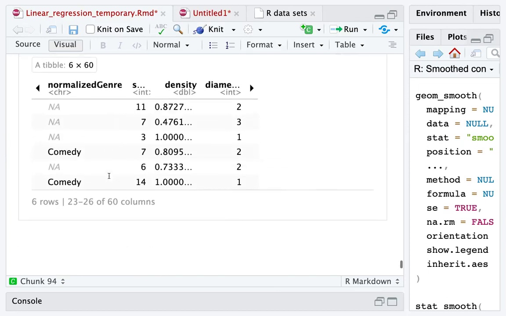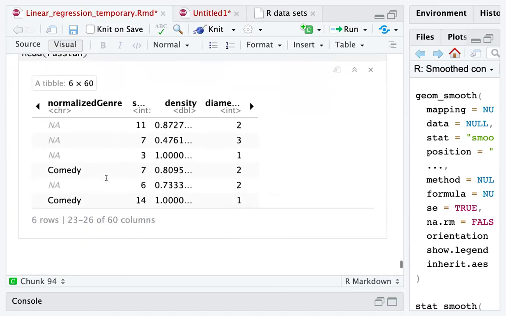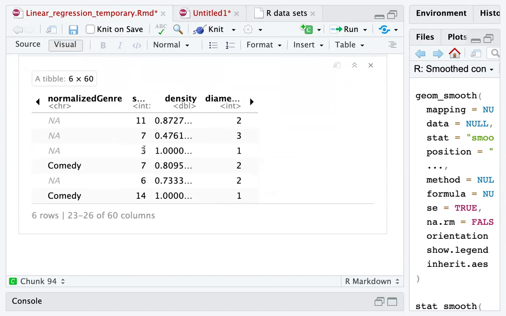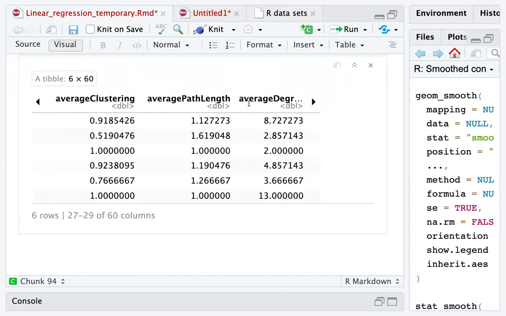There is the genre of the play. It could be a comedy, a tragedy, or a tragicomedy. The size, the density, the clustering, I guess, the clustering of the characters in the play.